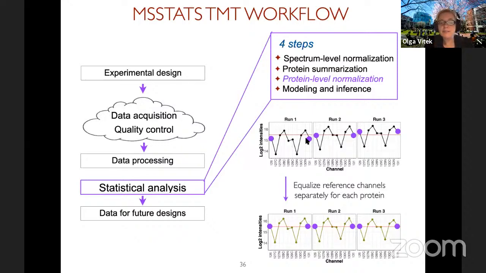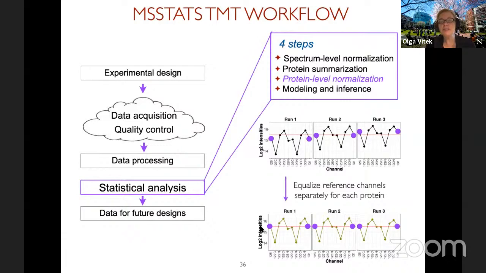And so the reference intensities are shifted so that they become constant between the runs. And then the same shift is applied to all the endogenous signals within that particular run. So we do equalize the reference channels here, and this is protein specific because different proteins have their own PSMs, which are not comparable between the runs.